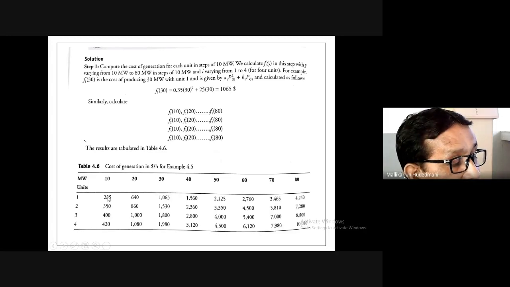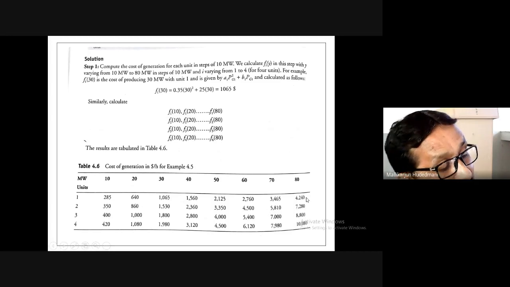10 from machine 1, 70 from machine 2; 20 from machine 1, 60 from machine 2; 30 from machine 1, 50 from machine 2; 40 from machine 1, 40 from machine 2; 50 from machine 1, 30 from machine 2; 60 from machine 1, 20 from machine 2; 70 from machine 1, 10 from machine 2; 80 from machine 1, 0 from machine 2.